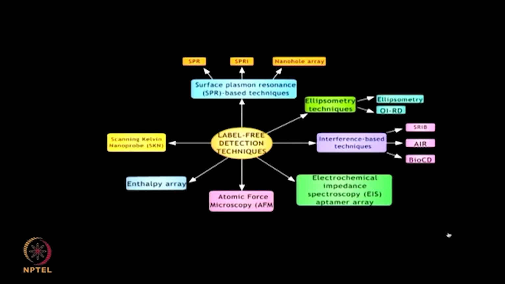Scanning Kelvin nanoprobe, SKN, is a non-contact technique that does not require a specialized vacuum or fluid cell. SKN detects regional variations in surface potential across the substrate of interest caused by molecular interactions.